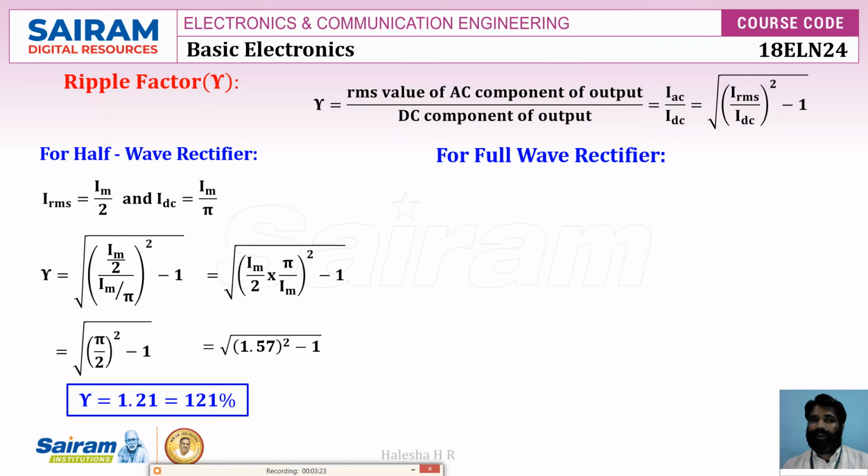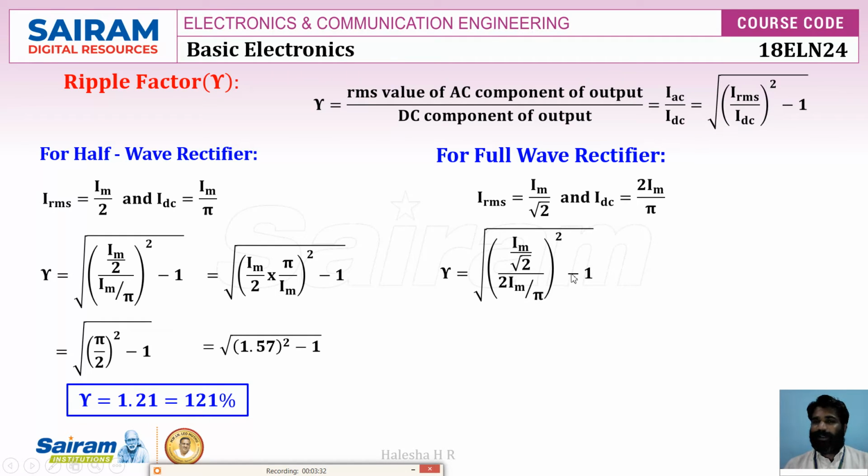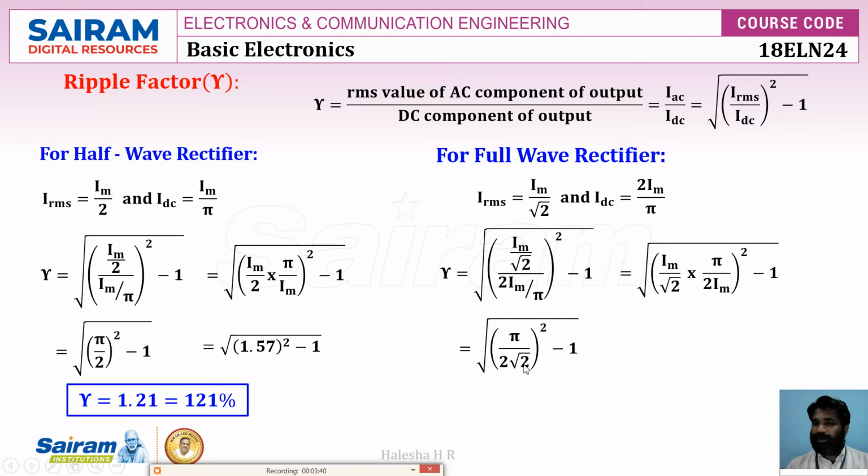For the full-wave rectifier, as you know, IRMS is equal to Im by root 2 and IDC is equal to 2Im by pi. Substitute this into the general expression and simplify. Here Im gets cancelled, so it becomes pi by 2 root 2 whole square minus 1. Further it is 1.11 square minus 1.